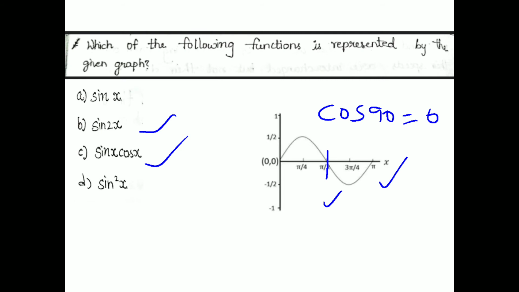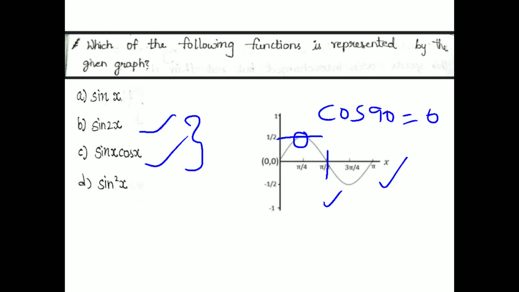Actually we know that sin 90 is 1, but here it is half. If we think that it is 1, then we would get a wrong answer. This is the thing which distinguishes between these two options. So now we need to get half.